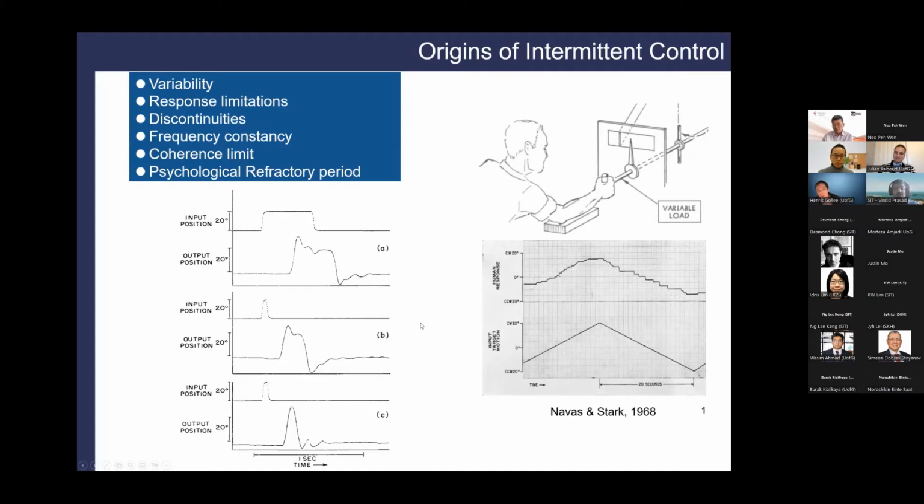And you have something which is called the psychological refractory period, where you react to a change in target, and even though the target has changed again, you first have to execute the movement which you have started before you can actually correct that.